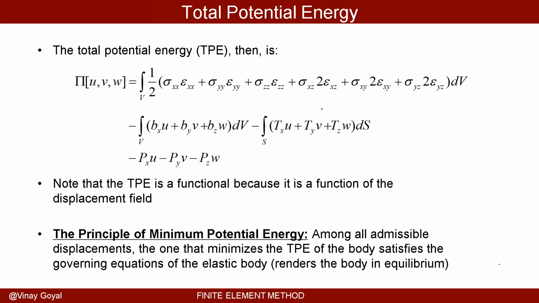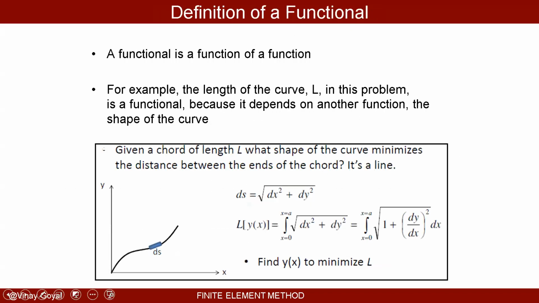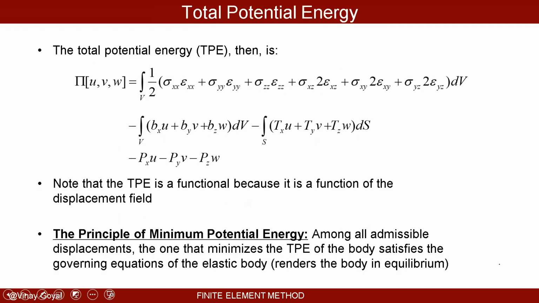Note how this is so analogous to the idea that I showed here, where the length depends on y and y is a function. Very similarly, we have a total potential energy pi that depends on u, v, and w, but u, v, and w are functions because u is going to change depending upon where you are, and the same with v and w.